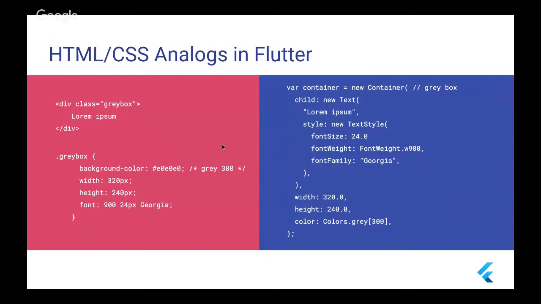As we can see here, on the left side there is an example of how to write a simple box, where this is HTML code and CSS. We use two different languages, or two different contexts, to build one simple box. In Flutter's case, there is no other language.